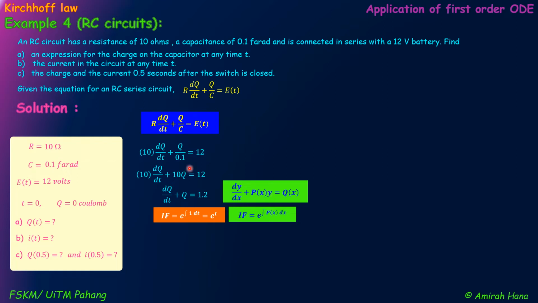In this case, our P(t) equals 1, and we need to integrate with respect to time. When we integrate 1 with respect to t, it equals t. So we got IF equals e to the power of t.